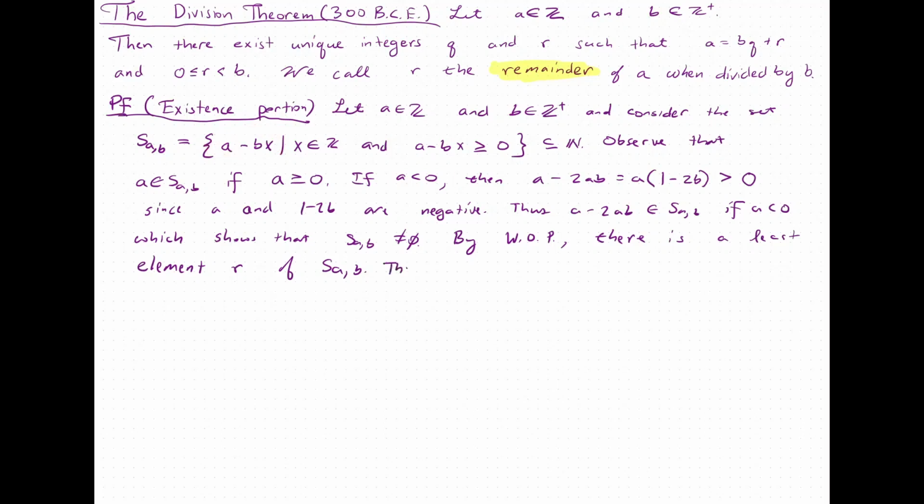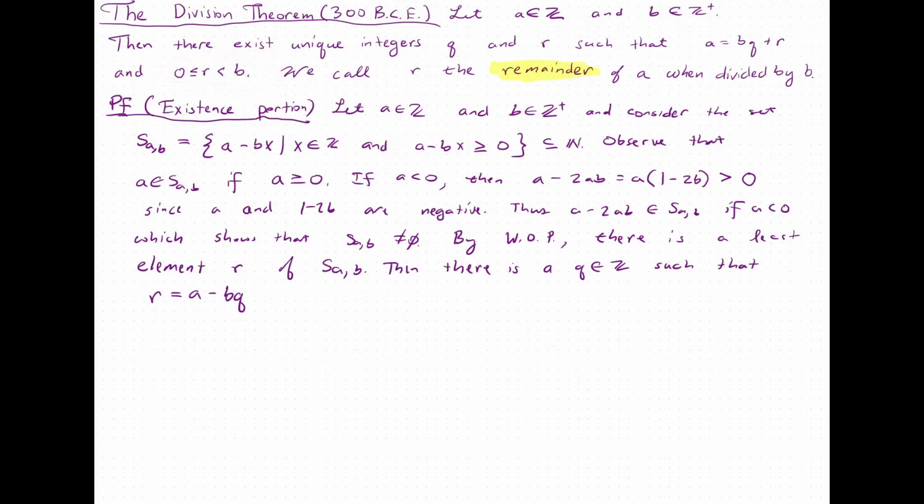So then there is a q in Z such that r is equal to a minus b times q, and so in other words, a is equal to b times q plus r. So we got that, and we want to show that this inequality holds.